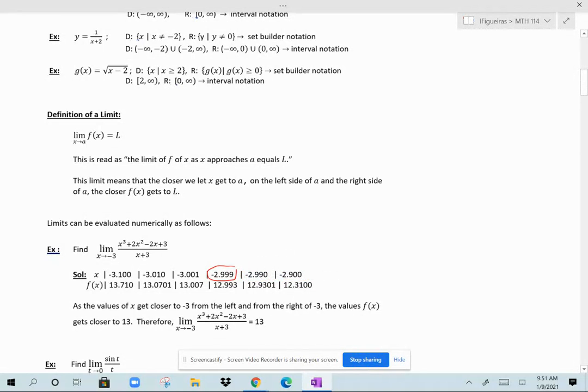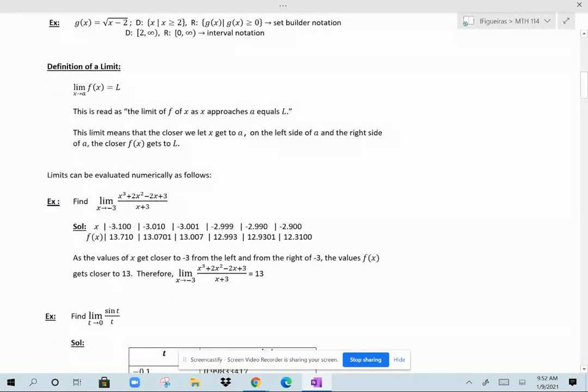And when I plug in those 3 numbers, for example, this one, if I plug in -2.999, I get a y value, or f of x value, of 12.993. So the closer x gets to -3, it appears that f of x is getting closer and closer to 13. So that's exactly what we state, that this limit is equal to 13.